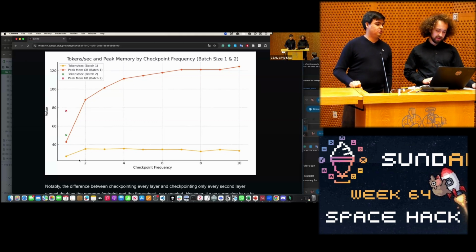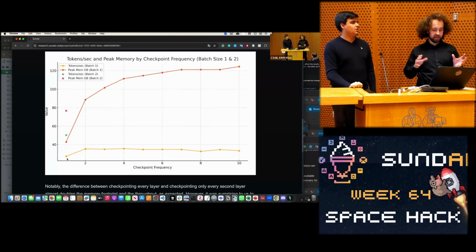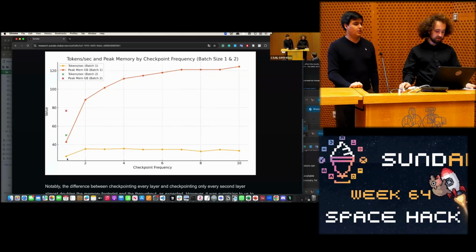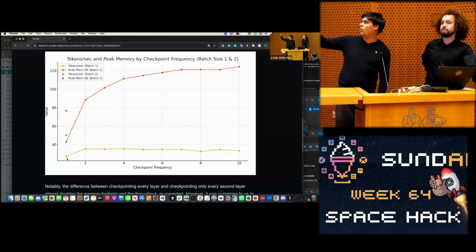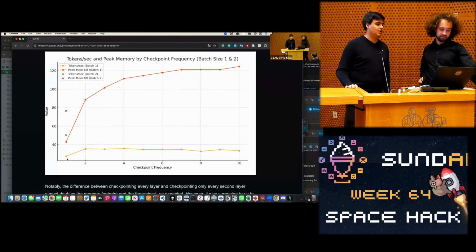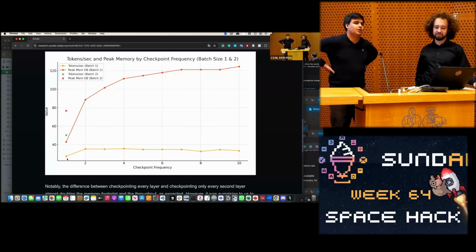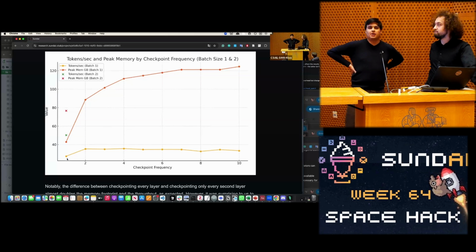We have a large increase from recomputing everything to recomputing every other block. So to explain this graph, the red line is the maximum gigabytes of VRAM that we're using, right?